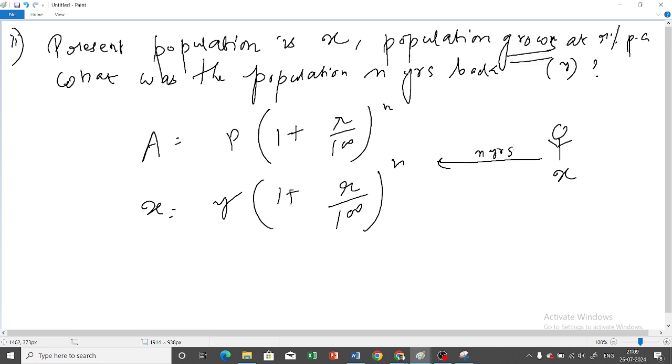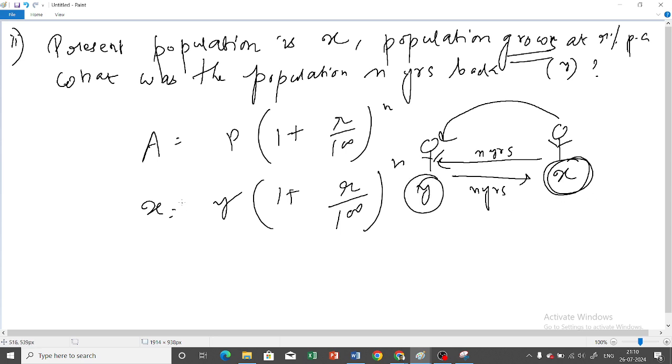When you are asked n years back, you will go n years back and then come over here. The future value becomes x and the n years back value becomes y. That is why in place of A it's x and in place of P it's y.